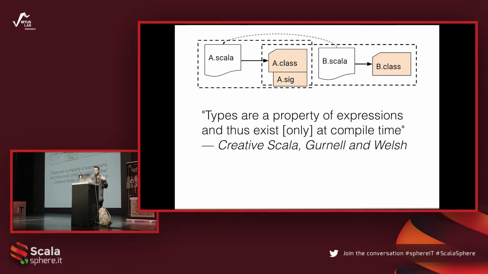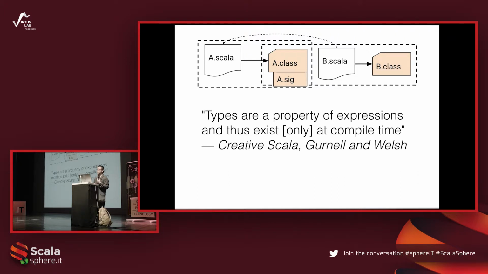Because of erasure, like if you think about sequences and things like that, some stuff might be retained during runtime, but a lot of the things that we think of as types exist when you're doing a compilation. And if you look into the bytecode, a lot of this type information is gone.